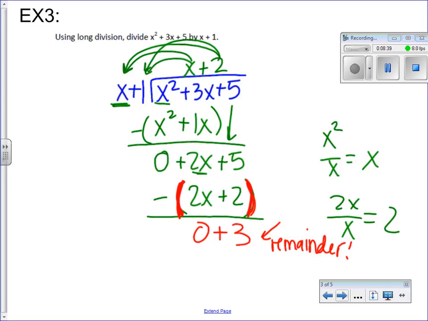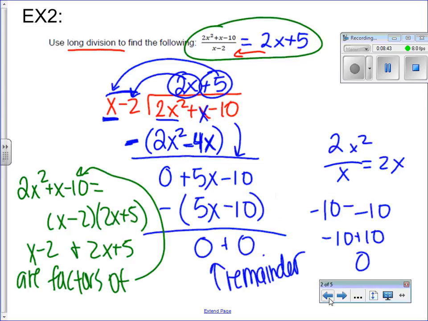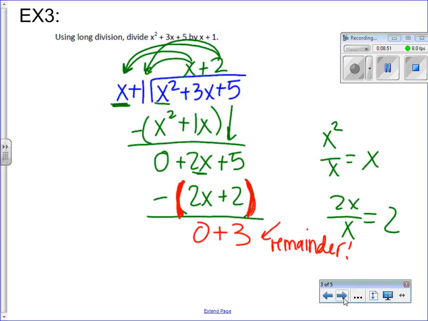So how do I write this when I have a remainder? The last one was nice and easy. This divided by this equals this guy because there was no remainder. Now we have a remainder. So here's how we're going to write it, if you remember from the first example that we did.